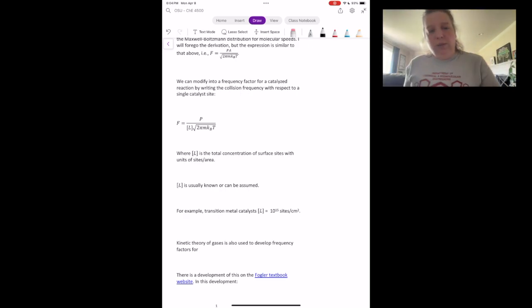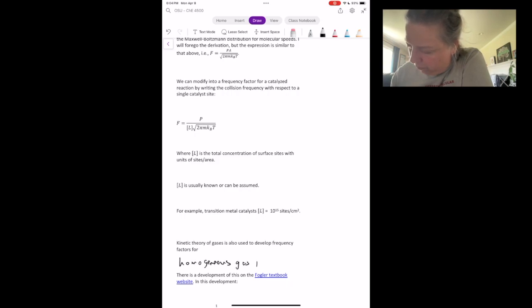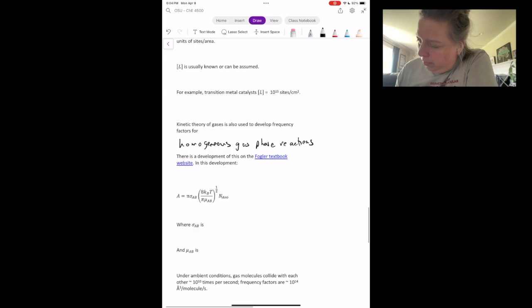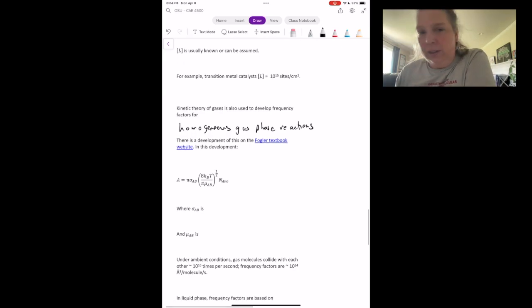We can also use, however, this kinetic theory of gases for homogeneous gas phase reactions. There is a development of this on the Fogler textbook website. So again, I'm not going to go through the derivation.